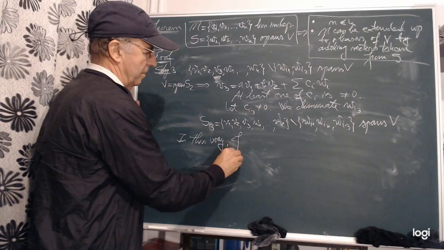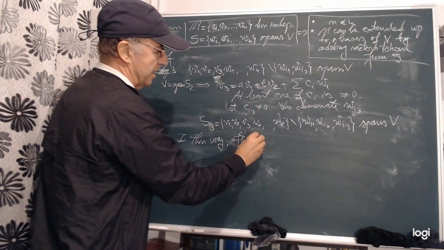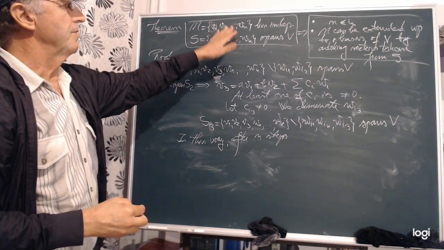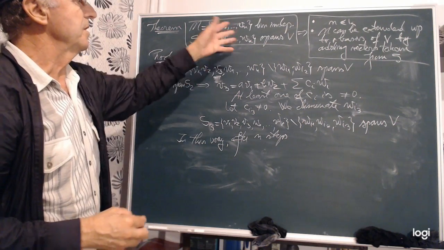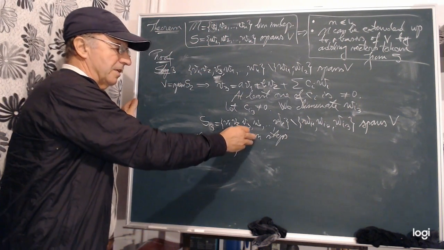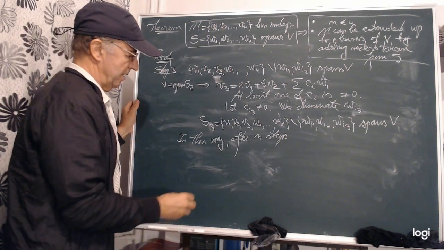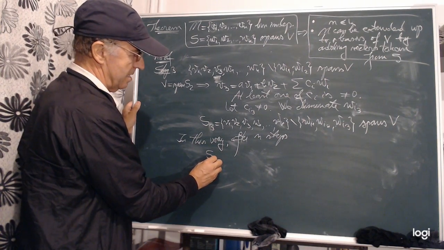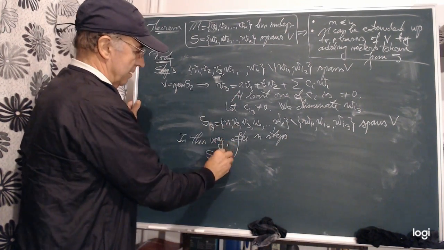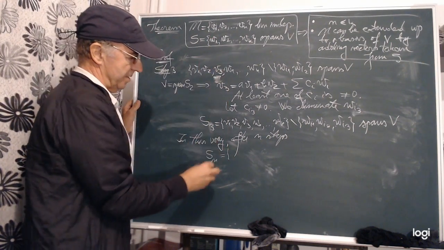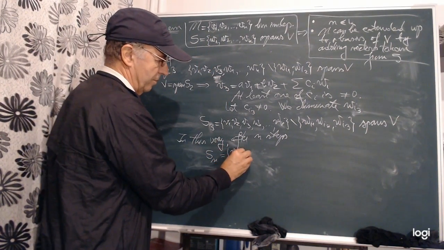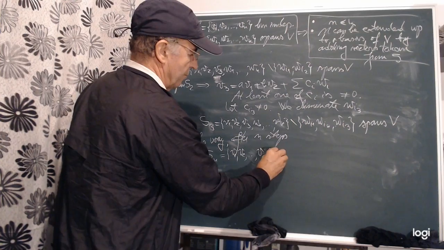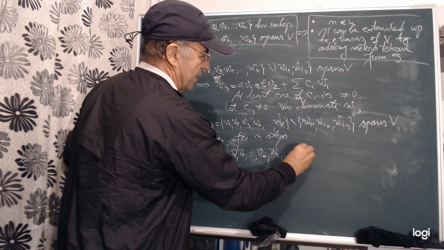After n steps, if the intersection of these two sets is the empty set, after at most n steps, we get Sn, a system of vectors of the form V1, V2, up to Vn, and W1 up to Wk.